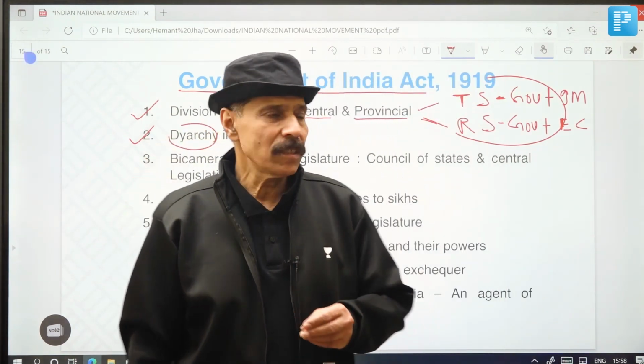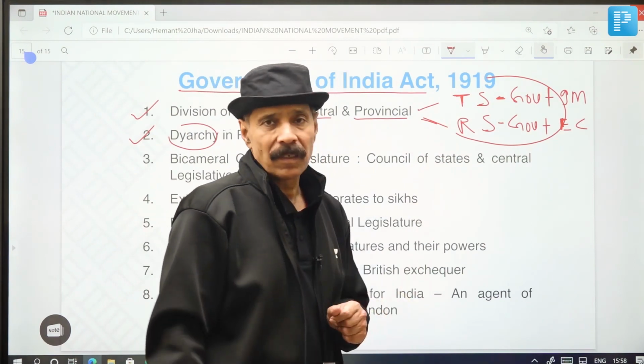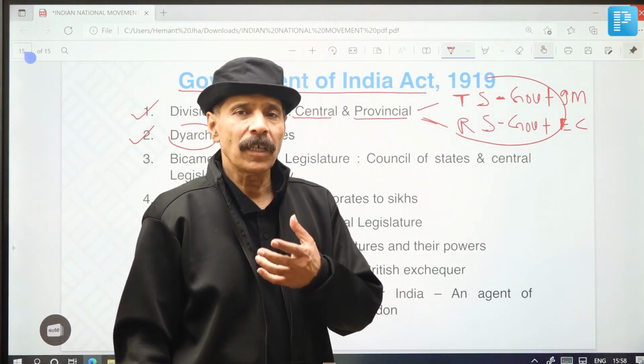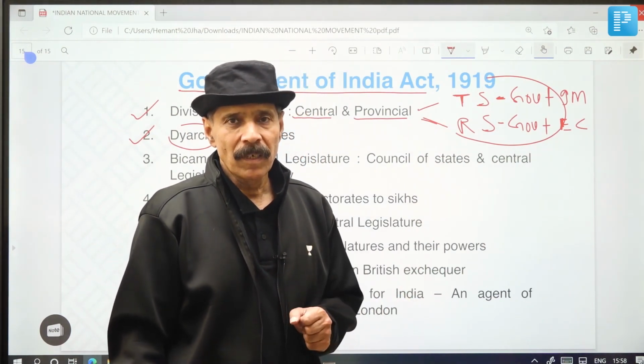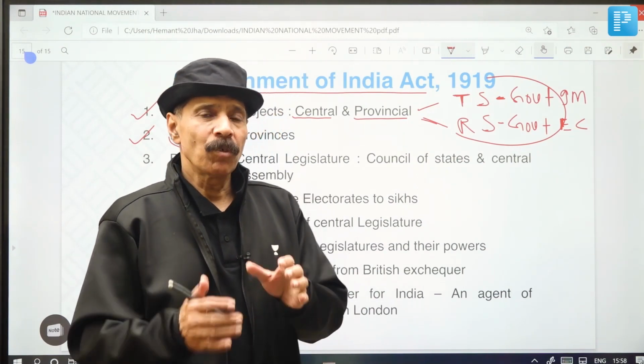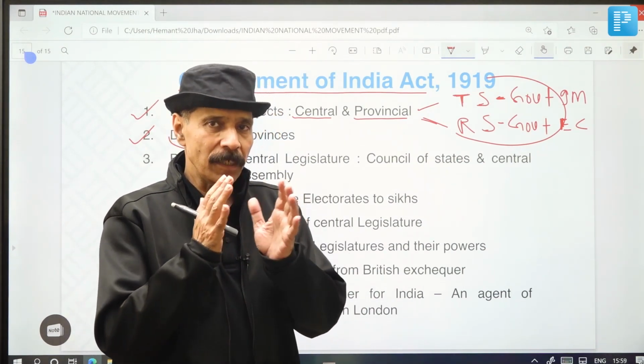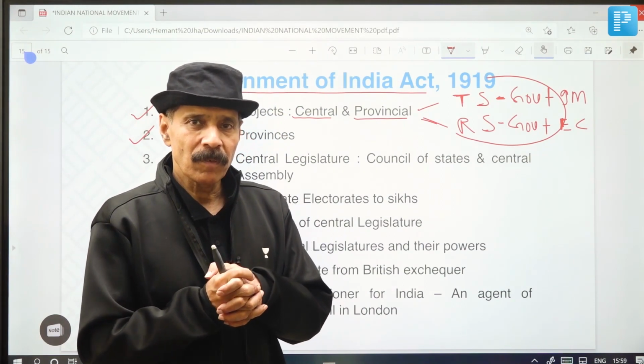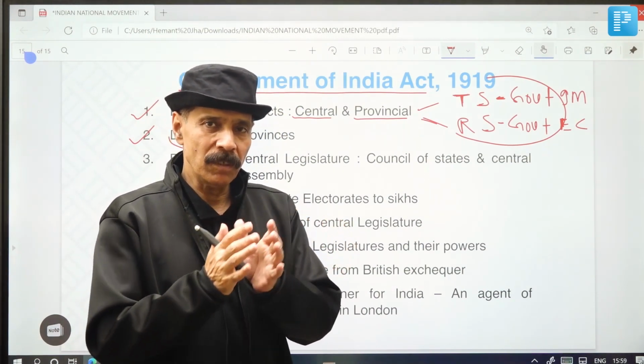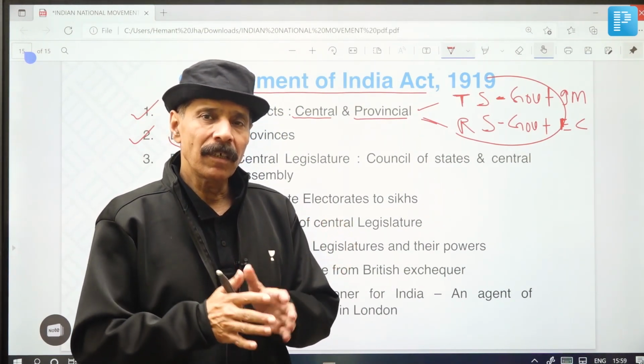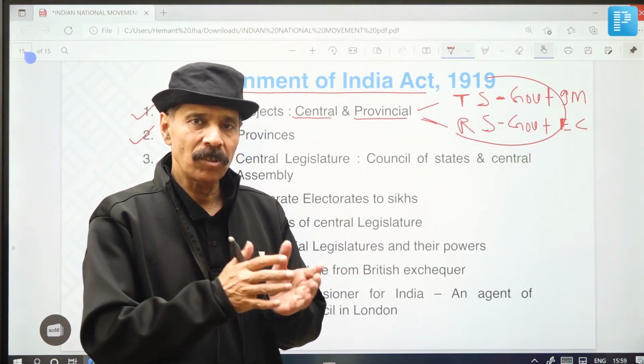Now Indian ministers here give you the idea what kind of self-government was given. This means the provincial subjects were bifurcated into two. One was transferred, one was reserved. And under transferred subject, Indian ministers were involved.